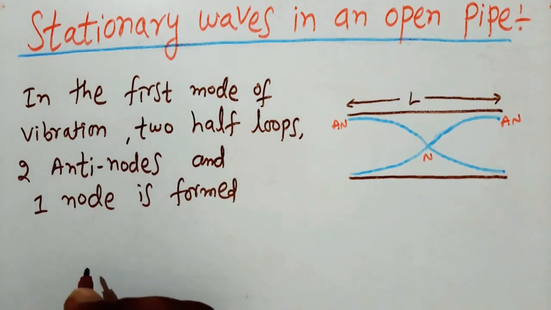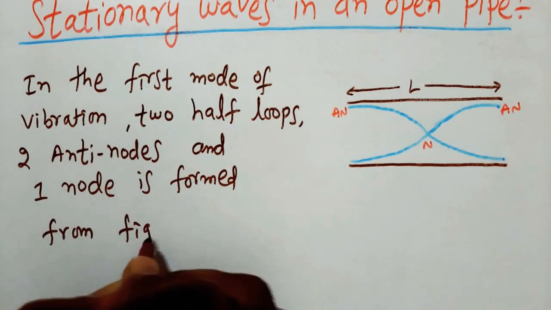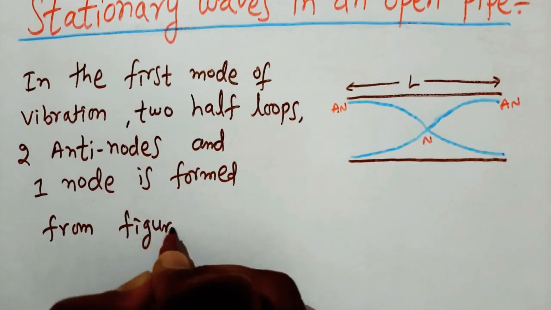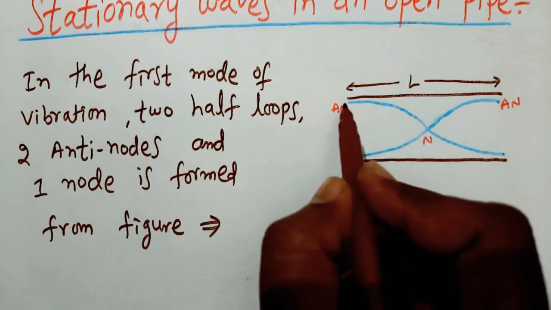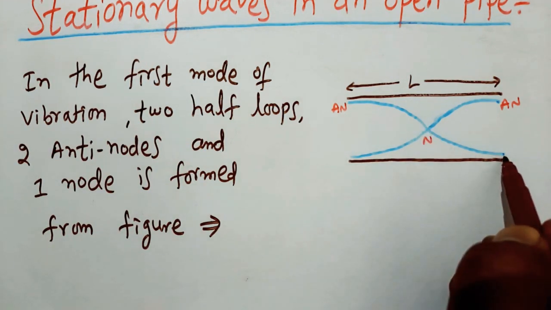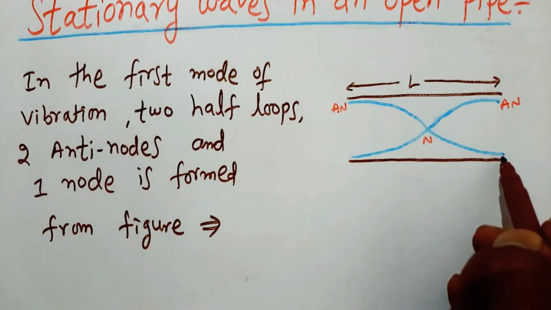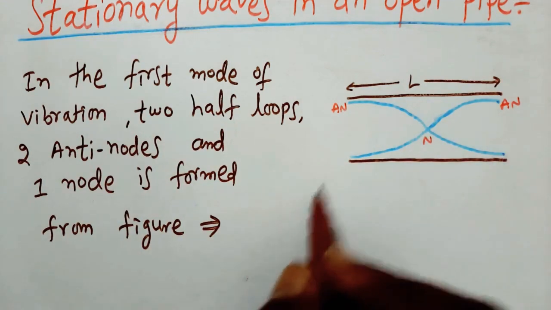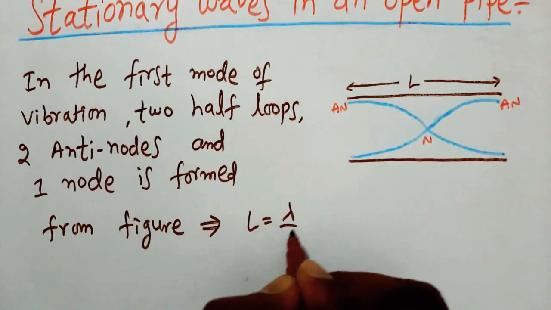From the figure, we can write: here to here it is lambda by 4 and here to here it is lambda by 4. That is, here to here lambda by 2. So the length of the organ pipe L is lambda by 2.